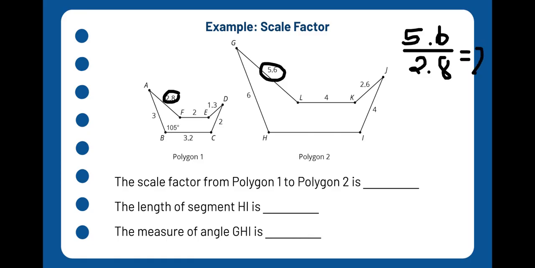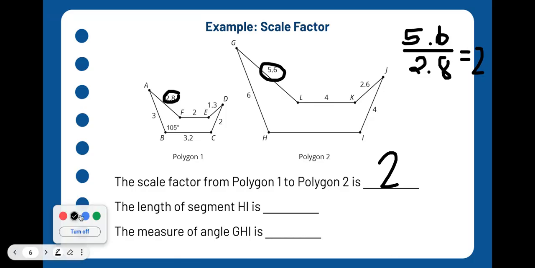And because these are the same, then all of these are going to be 2. So 1.3 times 2 is 2.6, so that would be correct. 2 times 2 is 4, so that would be correct. So for every single one of them, the scale factor is 2. So then we would just multiply everything by 2 and we would get the next one.